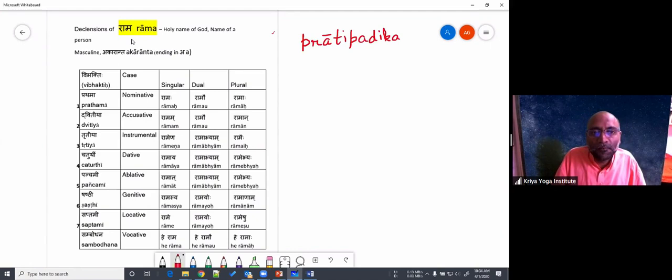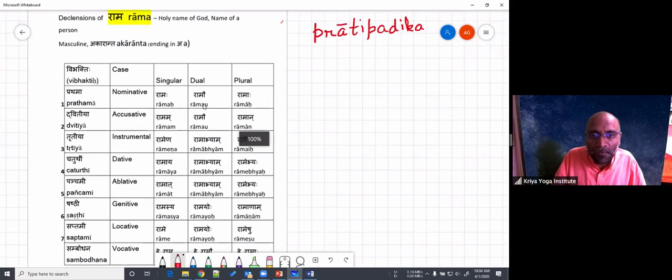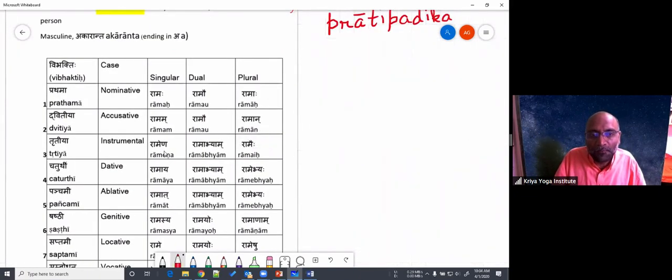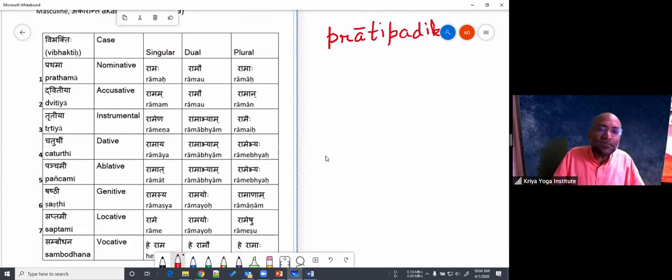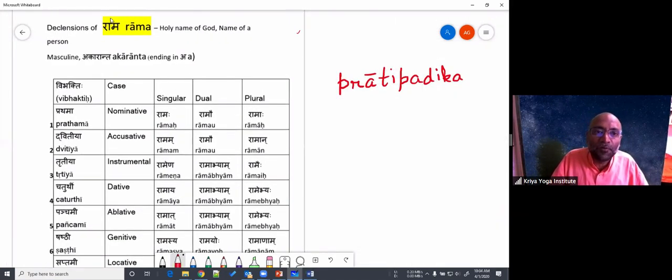And then you have a number of cases. I'll explain to you. And these are the forms. You see these words: Ramaha, Ramau, Ramaha, Ramam, Ramau, Raman, like this, and up to this. When you see a sentence, you will never find the base word being used.